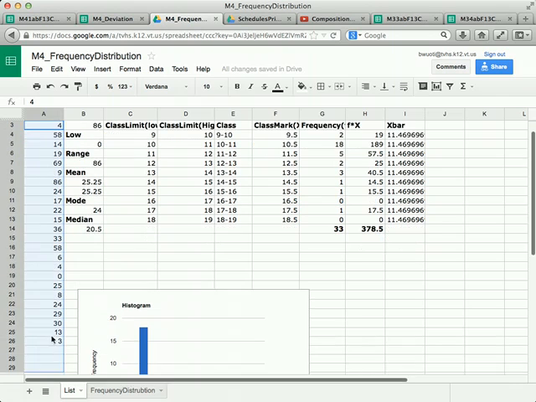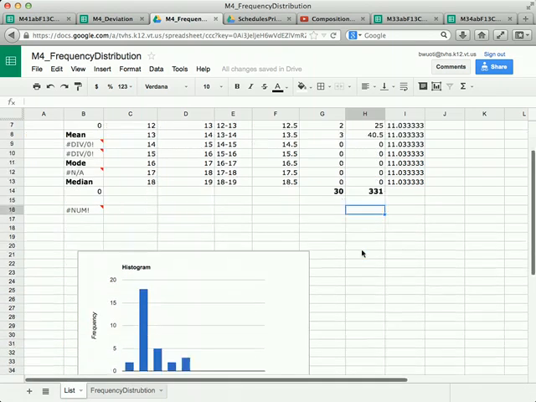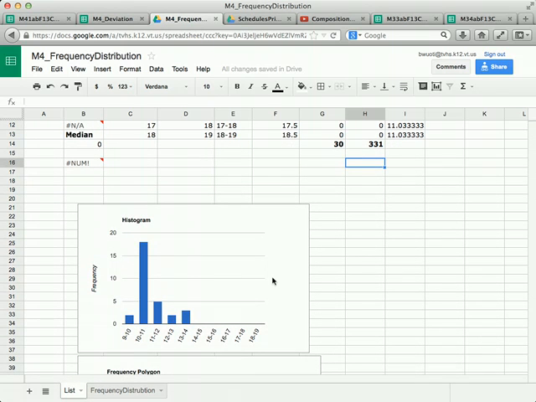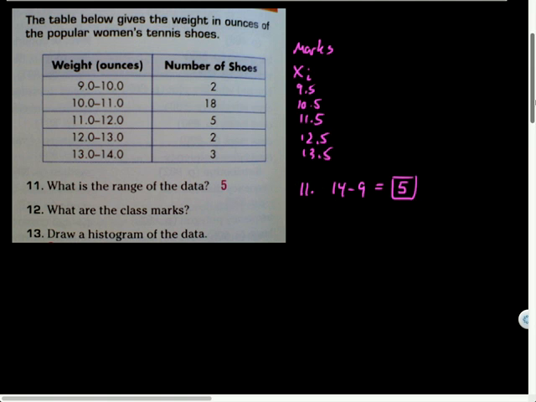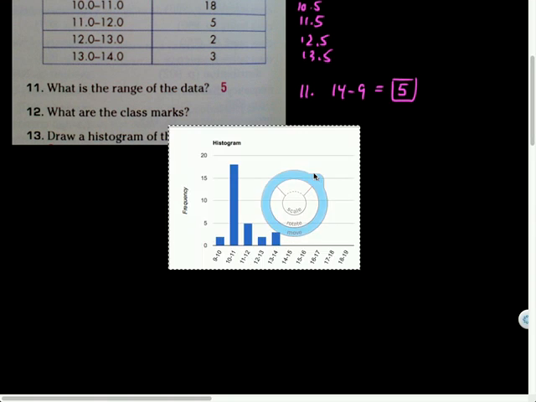And let me clear this list for fun. So our histogram would look something like this, except the widths of each bar would be the width of each class, where it would fully fill that out.